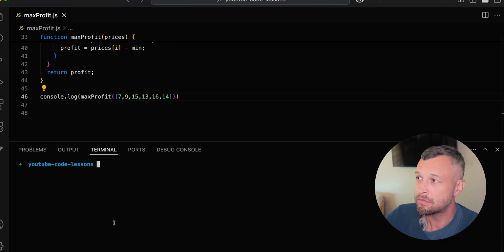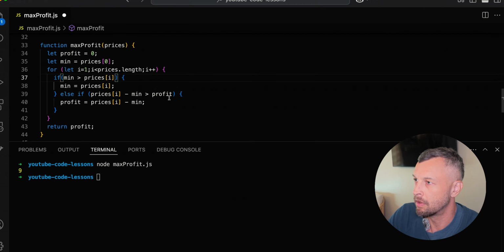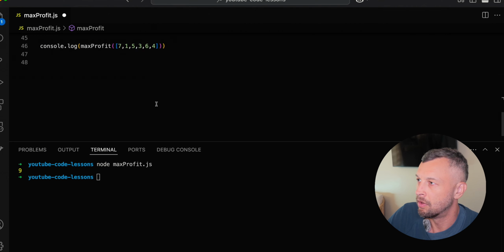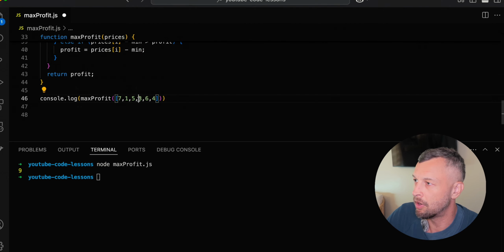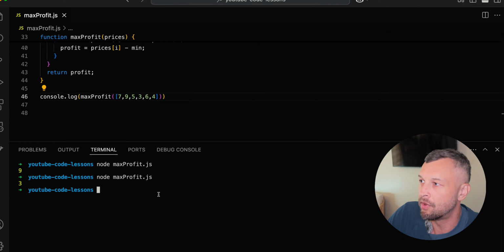Okay, so here we would see 9. Oh, all right, let me fix this. So really what I want to say is if we buy at 9, then this actually should return a 3. Oh yeah, okay. It's because our minimum is set to 3, which is the lowest price that we see, and then we sell at 6, which is a profit of 3.